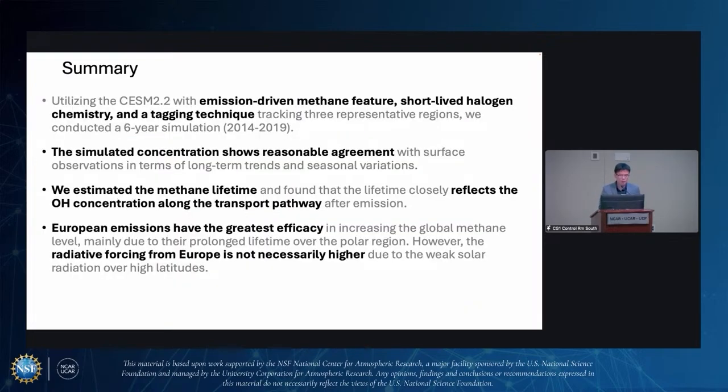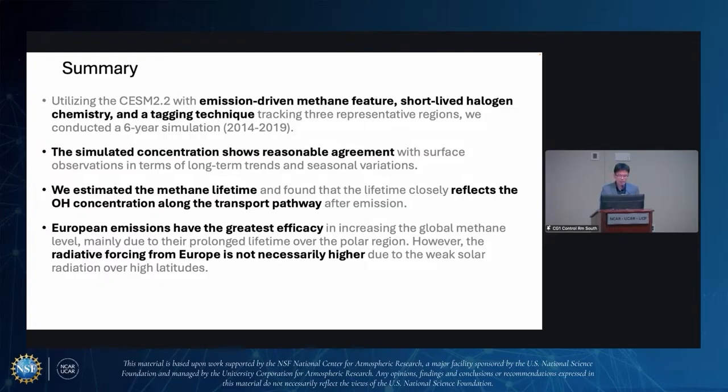So in summary, we utilized CESM2 with the emission-driven methane feature, short-lived halogen chemistry, and a tagging technique, tracking 3 representative regions. We conducted a 6-year simulation, and the simulated concentration shows reasonable agreement with observations.